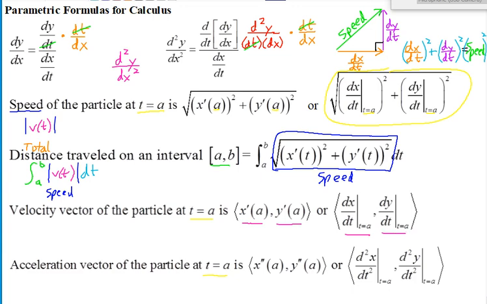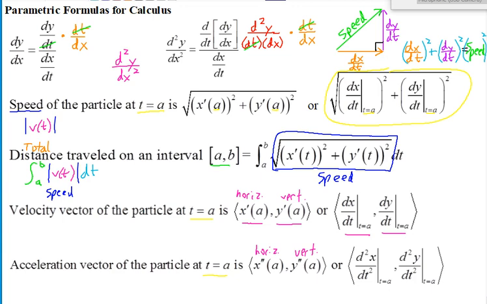In the same way, since velocity has two components, this is the horizontal component of velocity, and this is the vertical component of velocity. Acceleration is the same thing. It has a horizontal component, horizontal acceleration, and a vertical acceleration. So there are two components. It's written the same way, it's just now the second derivative of each of them separately.